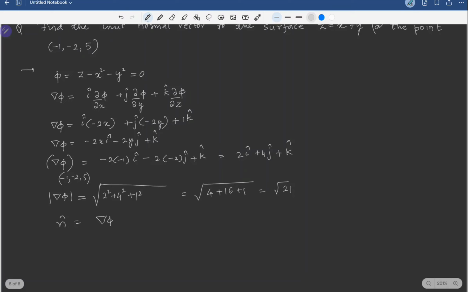Del phi divided by mod of del phi. We can also take that at the specific point. This implies (2 i cap plus 4 j cap plus k cap) divided by root 21.